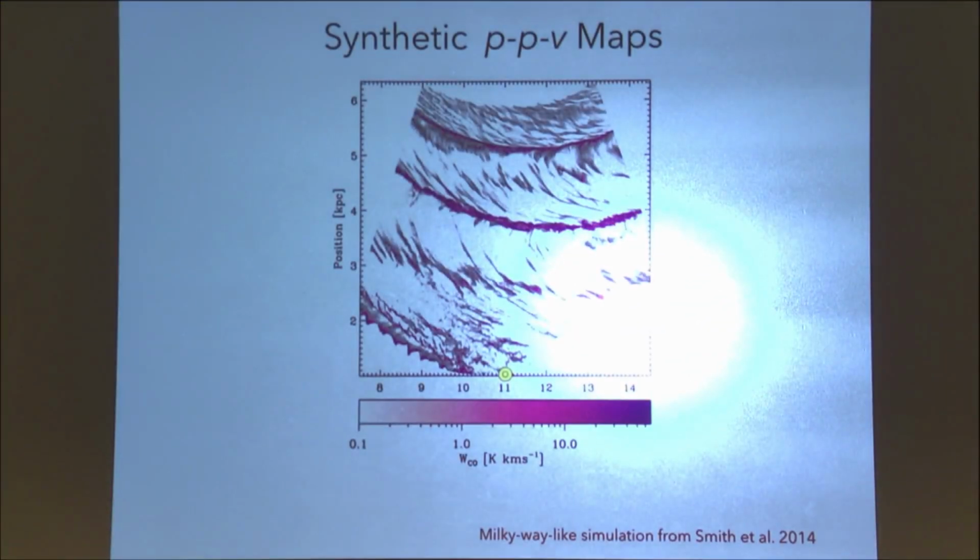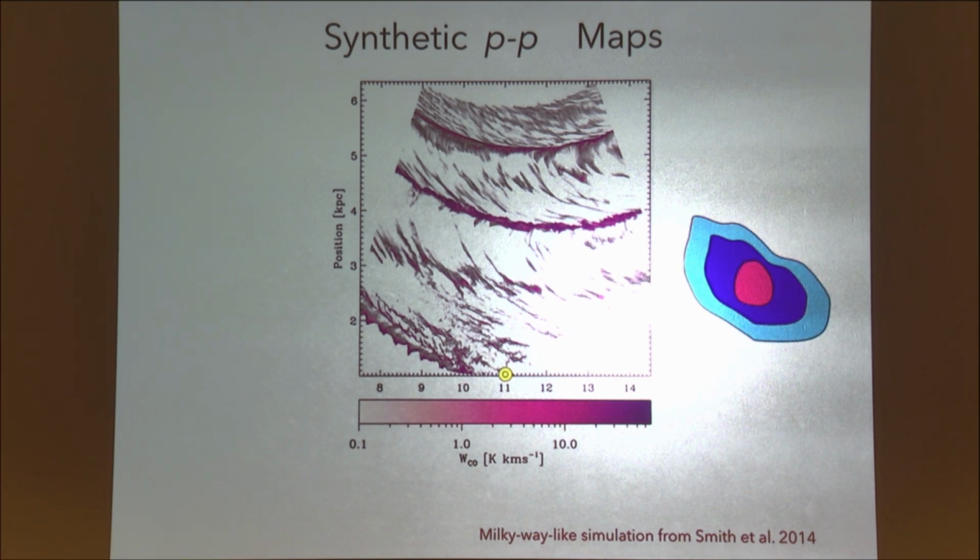Now, in terms of numerical simulations, it is possible to make 3D position velocity maps. But it's much more computationally expensive and fraught to try to calculate synthetic spectral lines from these maps. So often what happens is people just do this, and this is just PP now, not PPV. Okay, and these purple contours on this model from Rowan Smith and collaborators of a Milky Way-like galaxy, the purple shading is where you would see CO emission.